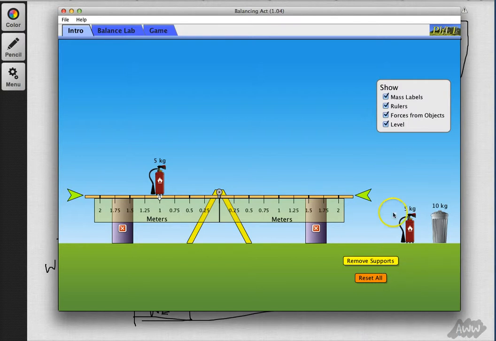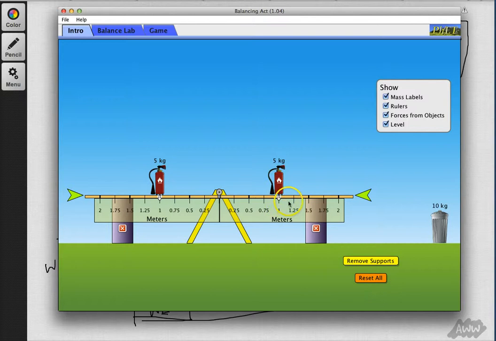Now what I'm going to do is place another identical mass 1 meter to the right. Okay, this time if I remove supports, what will happen? In this case nothing should happen, because the turning moment anti-clockwise equals the turning moment clockwise.